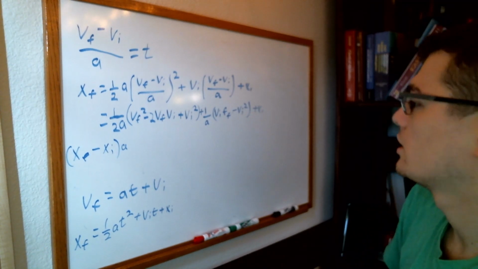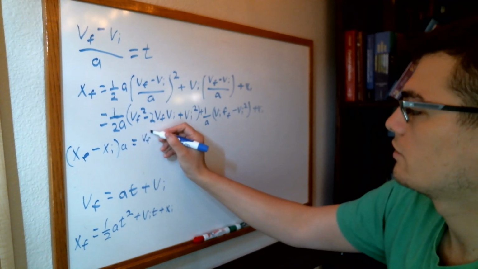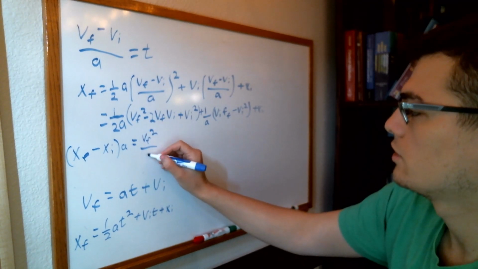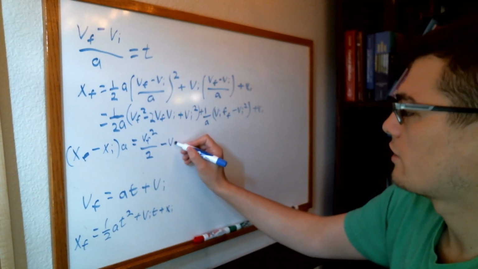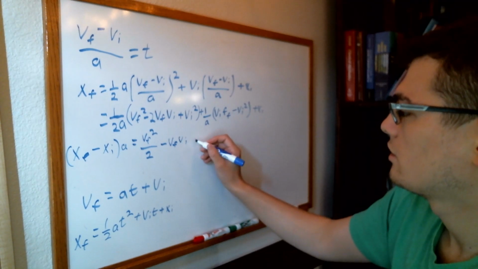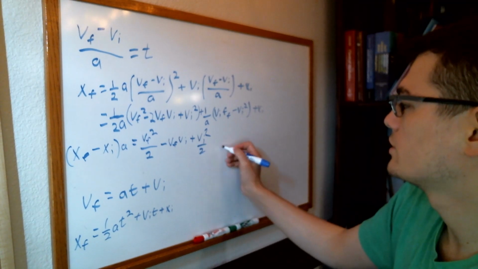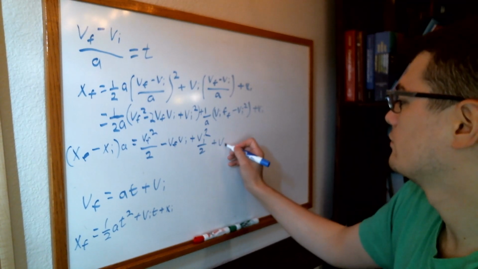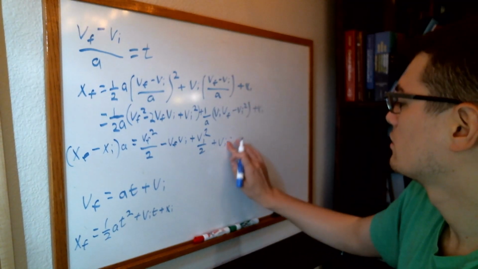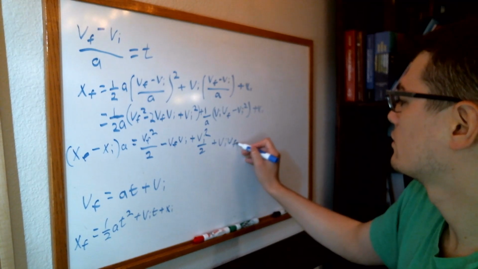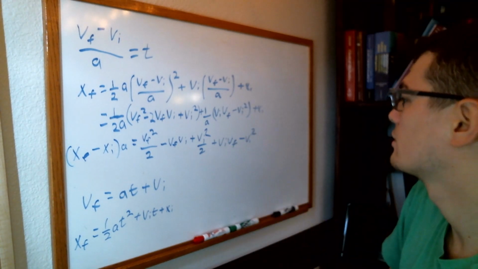So what we can do is we can say that this is vf squared over 2. This is minus vf vi plus vi squared over 2 plus vi, oh, that should be a vf, minus vi squared.